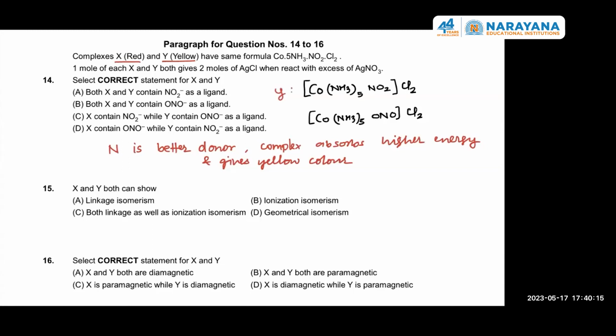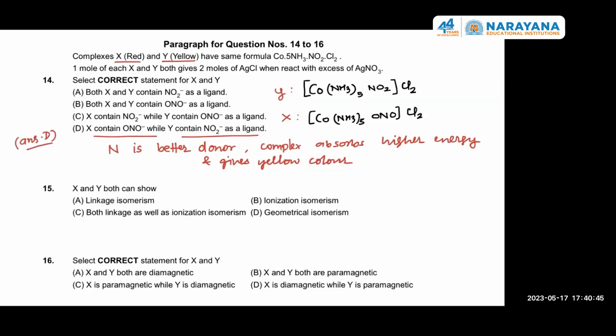So this will be Y and this will be X. By that difference, we confirm that N is the better donor, so its complex will absorb higher energy and give yellow color, the complementary color. So we came to the conclusion that X contains ONO minus, while Y contains NO2 minus ligand. So the answer will be D.